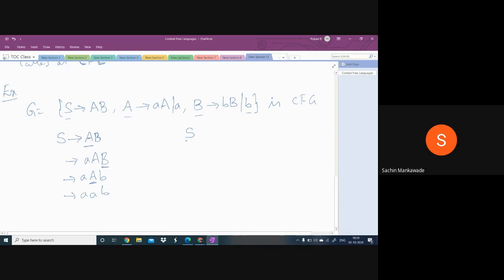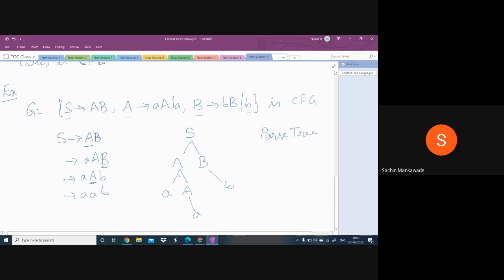First we have taken S, and in S place, we have substituted AB. After that, in A place, we have substituted AA. After that, in B place, we have substituted B. After that, in A place, we have substituted A. So this is the tree for this derivation. This tree is called a parse tree or derivation tree.